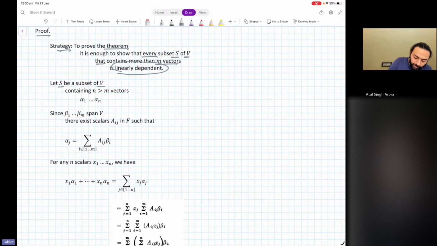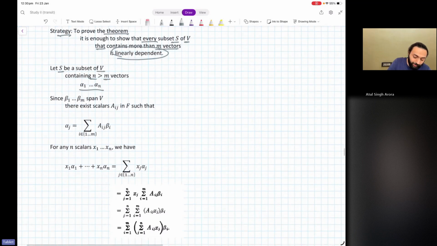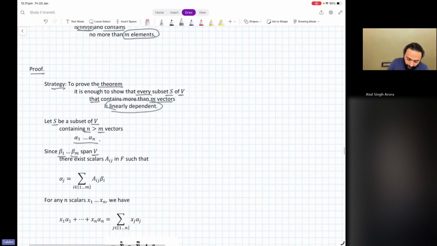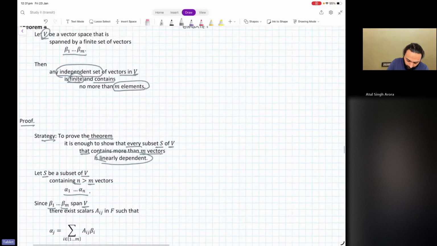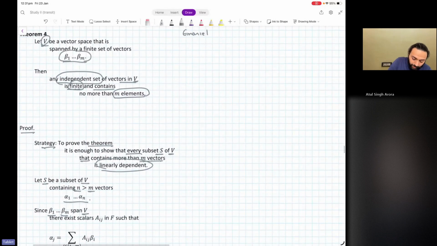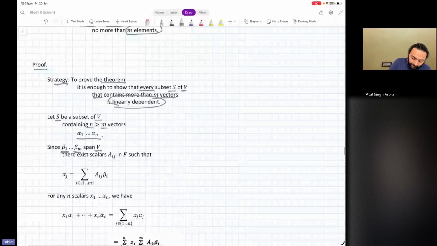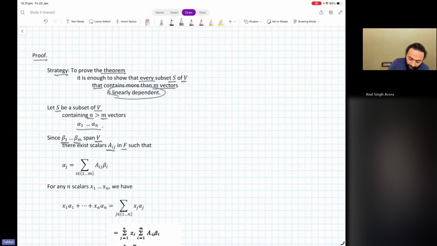All right, so let's start then. Suppose S is some subset of V, containing n elements where n is strictly greater than m. We call these vectors alpha 1 to alpha n. Since beta 1 to beta m span the vector space V, as given in the premise, there exist scalars Aij in the field such that this is true.